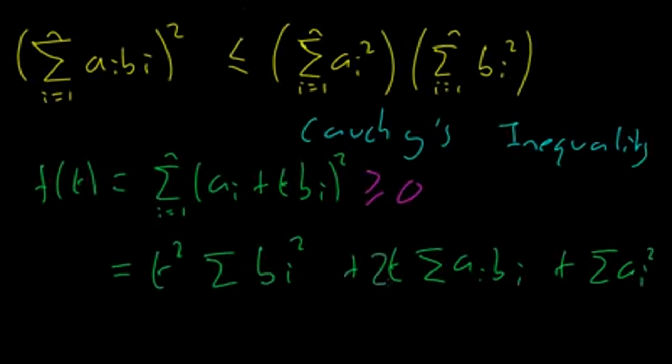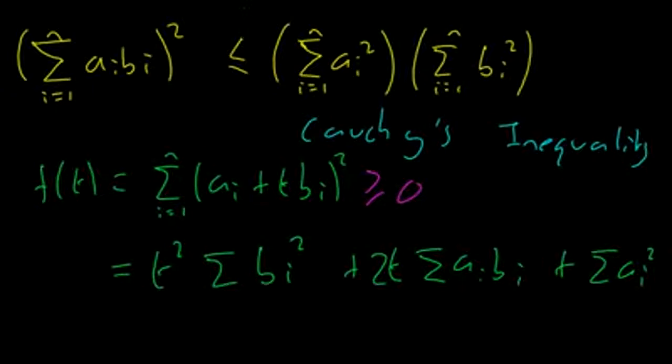Sorry, it should be a 2 here. So notice that this is a quadratic equation in t, but it's also greater than or equal to 0. And what do we know about quadratic equations that are greater than or equal to 0? Well, they can't have 2 real roots. This has at most one real root because it only touches 0 once.